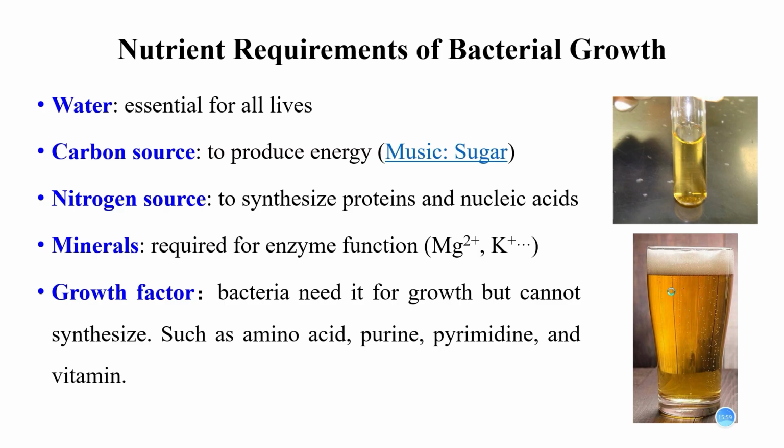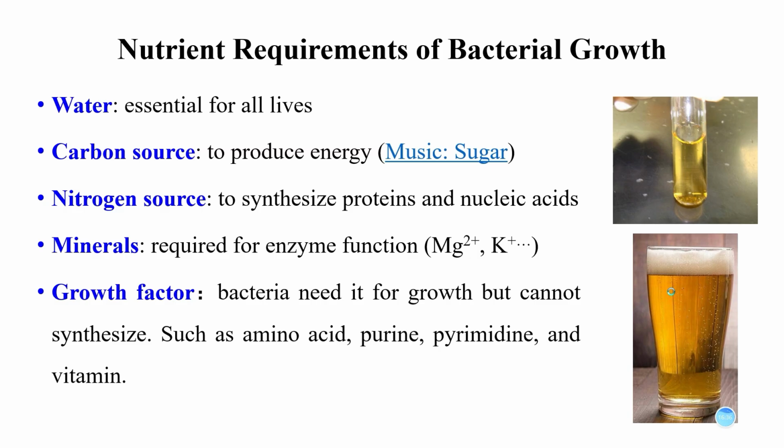And also minerals, they are required for the activity of enzymes, such as magnesium, calcium, and also others like potassium and sodium. And you also need to provide growth factors. The bacteria need those growth factors for their growth, but they cannot make them by themselves. For example, some essential amino acids, purine, pyrimidine, and also some vitamins. We call these molecules the growth factors.